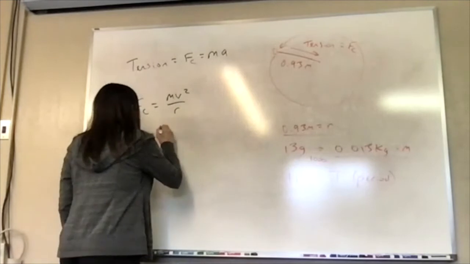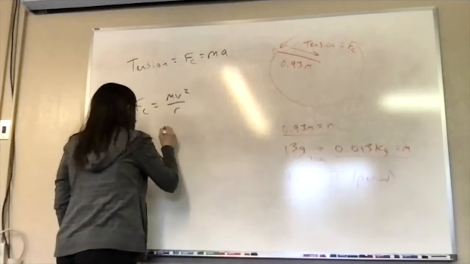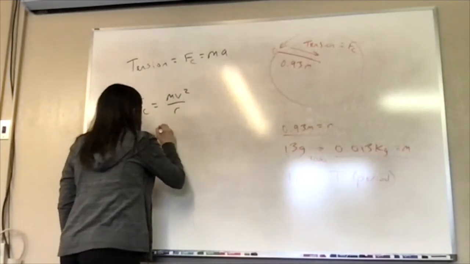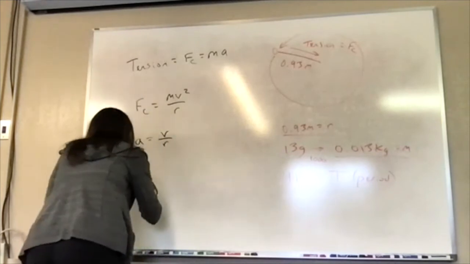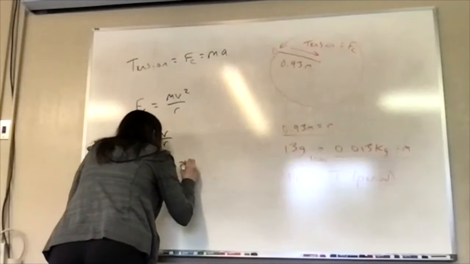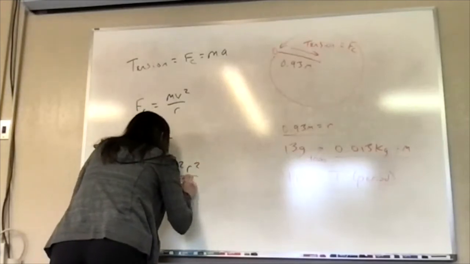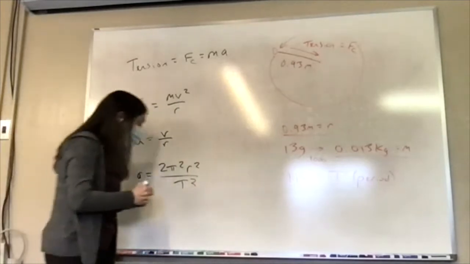We could also do this. So we also know that acceleration times mass gives you force. Now the problems that we have, though, also requires velocity for this one. And then for the other one, what is that? 4 pi squared r over t squared? Oh, 4 pi, thank you.